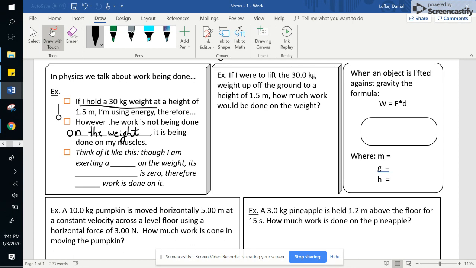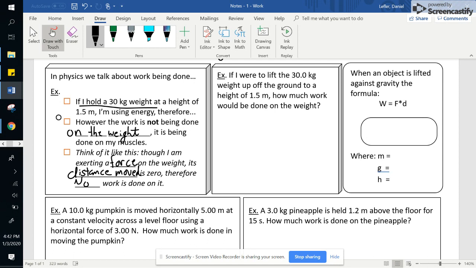So if you think about it, there's no work being done on this weight. A way of thinking of it is, although they're exerting a force on a weight, its distance moved is 0, therefore no work is being done.